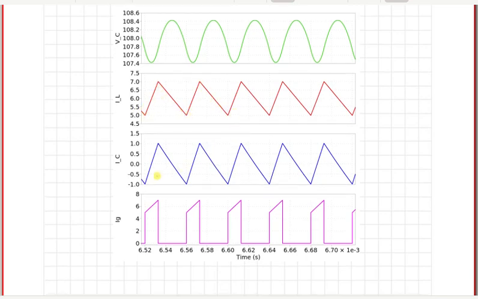This blue one is the capacitor current, and this bottom waveform is the current flowing through the semiconductor switch, or it is the same as the current coming out from the source voltage of the buck converter.